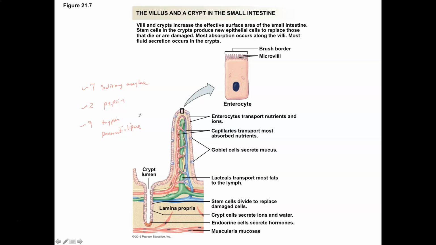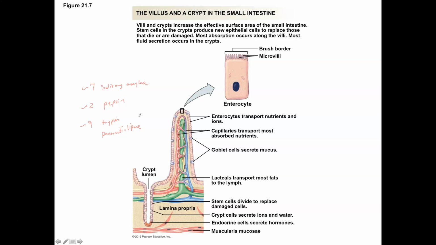Most absorption takes place in the small intestine, and the reason the small intestine is a great place for absorption is because it has anatomical features that allow for an increased surface area.